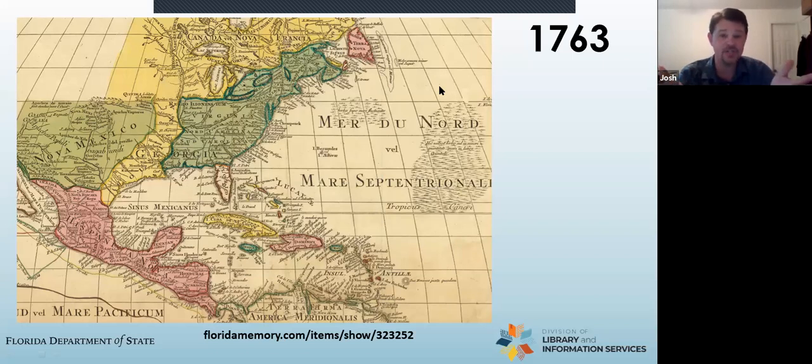And of course the other European nations are interested in this as well. That's what's fueling all of this interest in finding a northwest passage of some sort to get into the Pacific, or trying to find something to the south as well. So they're looking for trade routes.